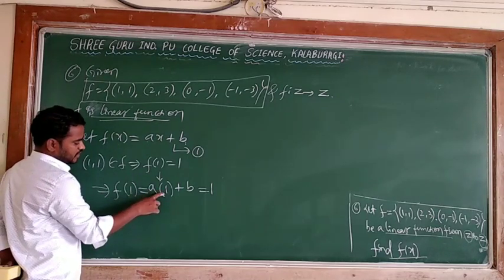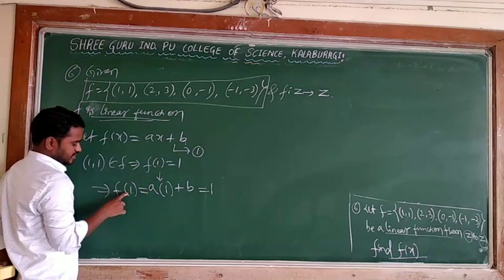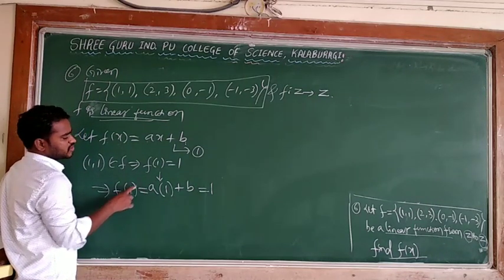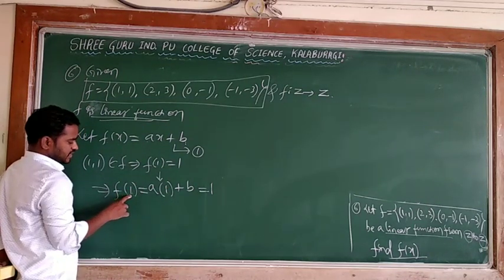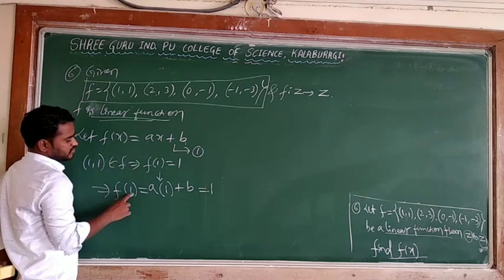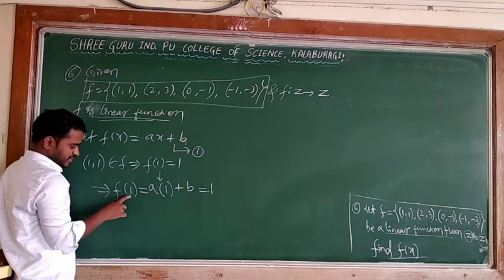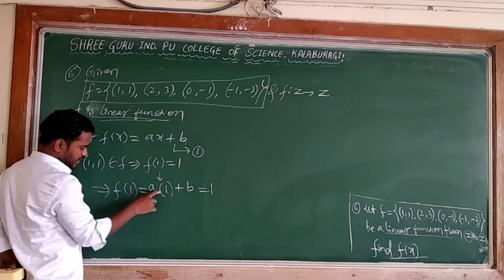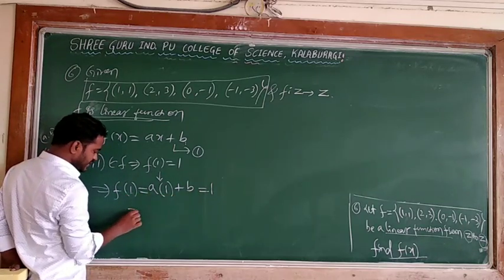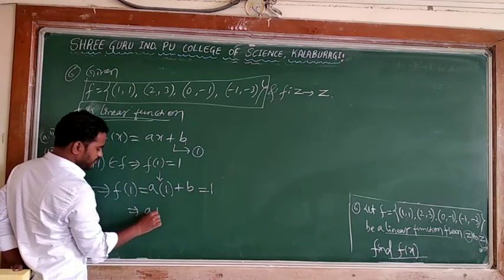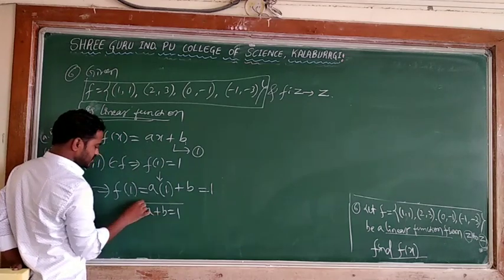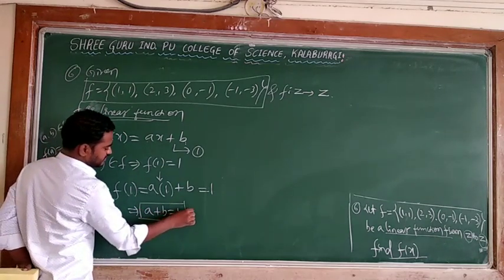So f of x is ax plus b, and x is replaced by 1. A into 1, plus b is equal to 1. It implies a into 1 is a, so a plus b is equal to 1. This is the second equation.